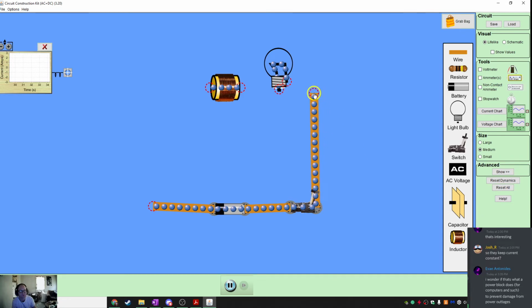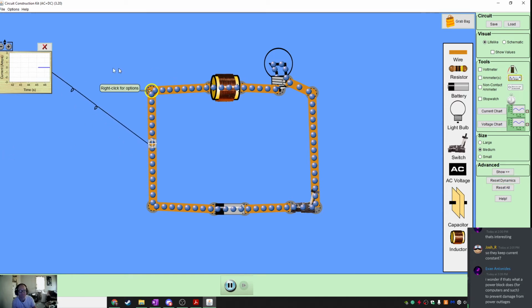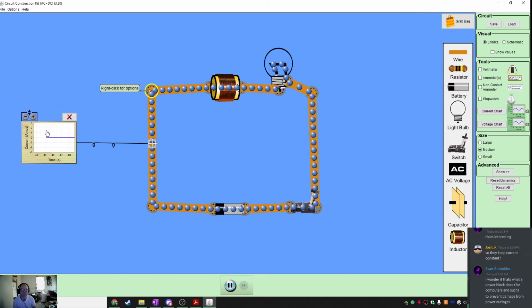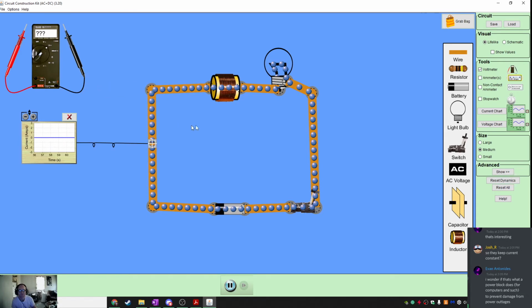We're just going to have a switch, a light bulb, an inductor, and some wires. Okay. I'll go ahead and do that. This thing is going to measure our current flowing through the circuit. Alrighty. And maybe at some point we might want one of these. I don't know. We'll think about it.